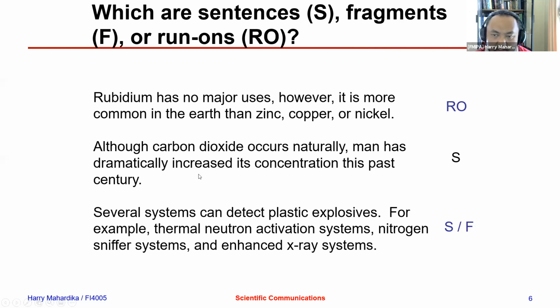So here in the second example, "although carbon dioxide occurs naturally, man dramatically increased its concentration this past century" is an example of a perfect sentence, because it talks about carbon dioxide, and the connection between this phrase and the second one is that carbon dioxide occurs naturally, but carbon dioxide can also be produced anthropogenically in the past century.